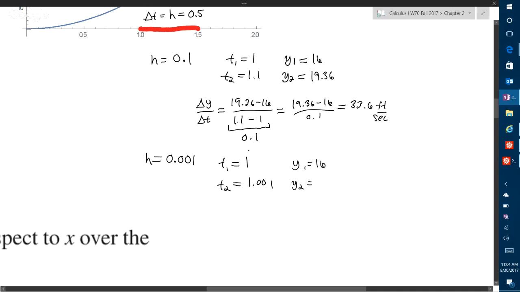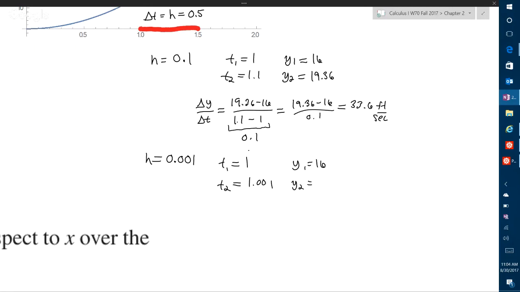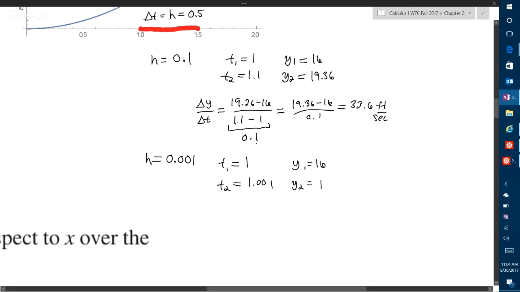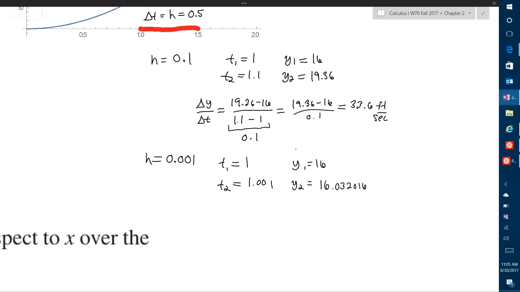Since I'm very, very close to 1, I'm at 1.001, this is also going to be a number very, very close to 16. You've gotten 16.032016. Now, since this is an intermediate step, that's why I'm taking so many decimals here. Remember, for intermediate steps, you want to take as many decimals as possible, and then at the end, you round it.